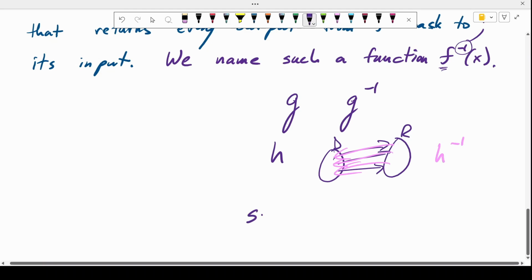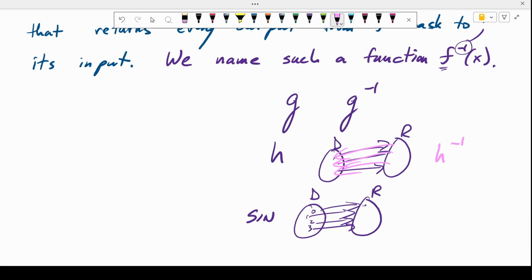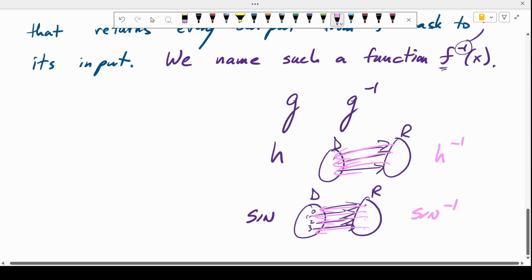If we had a function sine that takes a whole bunch of inputs, maybe degrees 0, 1, 2, 3, and so on, and maps each one to some output, maybe their ratios of opposite over hypotenuse, and then we found some other function that could take every single one of these ratios and map it back to the exact same input, we would call that function sine inverse. An inverse function is the function that maps the outputs back to the inputs that they came from.